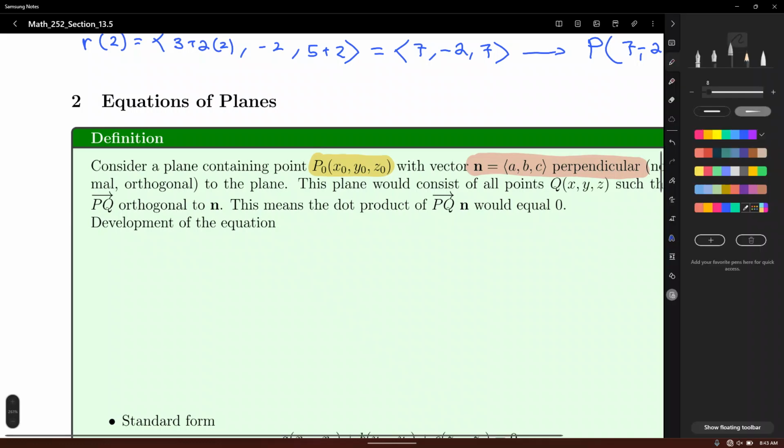So number one, this is our plane. And we're going to have a point P naught, which is x naught, y naught, and z naught. Okay?